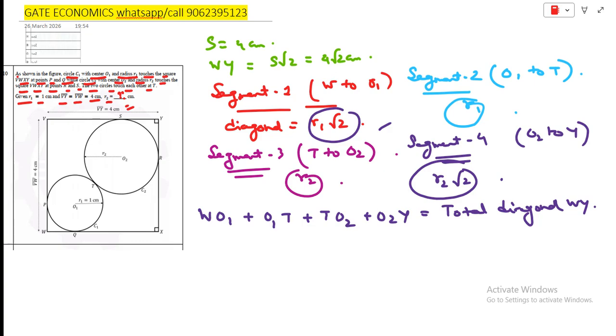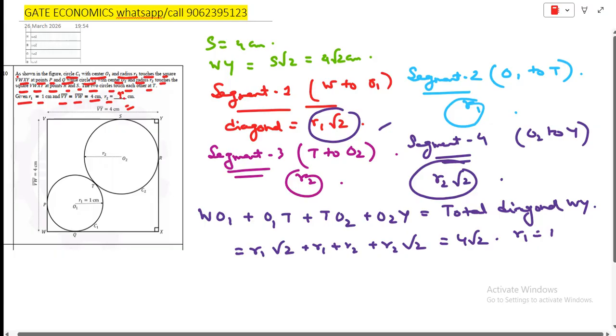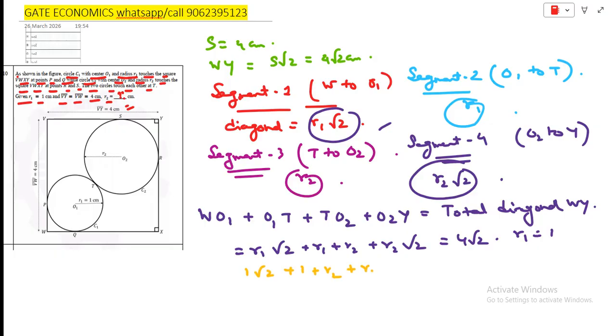So this will be R1 root 2 plus R1 plus R2 plus R2 root 2, that is 4 root 2. Okay, now we plug in what we know. We know that R1 is 1, right? So let's throw it in there. So we get 1 root 2 plus 1 plus R2 plus R2 root 2 is 4 root 2.